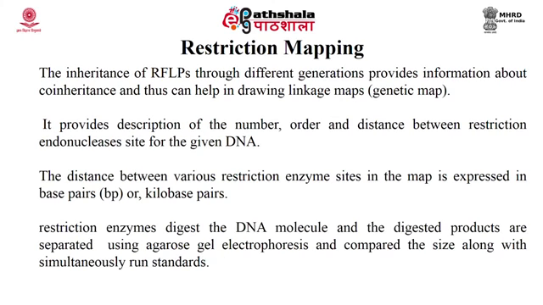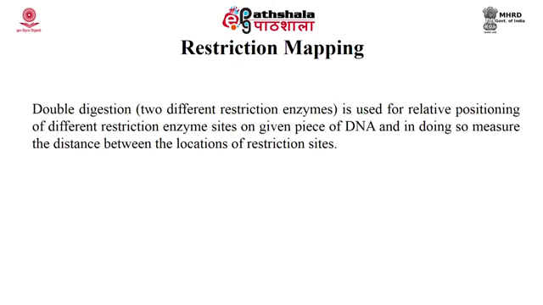Restriction enzymes digest the DNA molecule and the digested products are separated using agarose gel electrophoresis, and these are compared for size along with a simultaneously run standard. Double digestion, that is using two different restriction enzymes, is used for relative positioning of different restriction enzyme sites on a given piece of DNA.